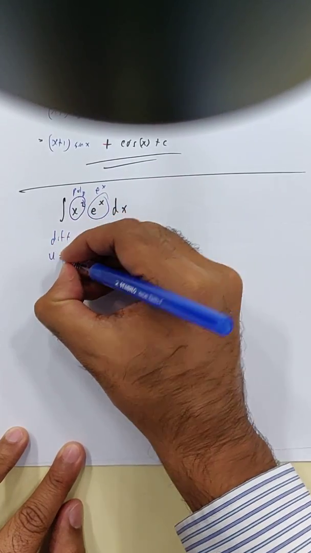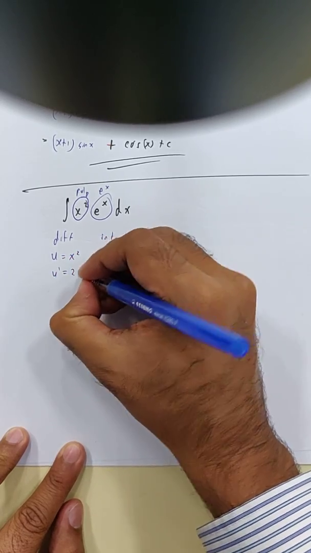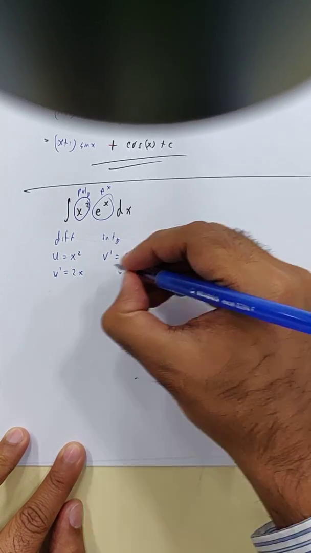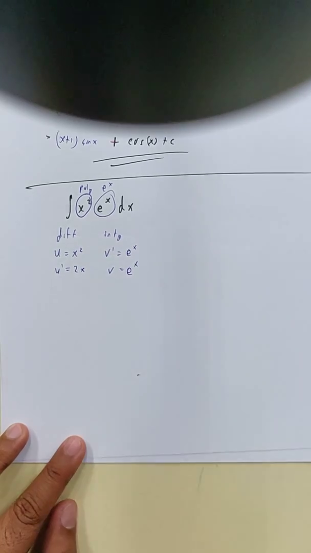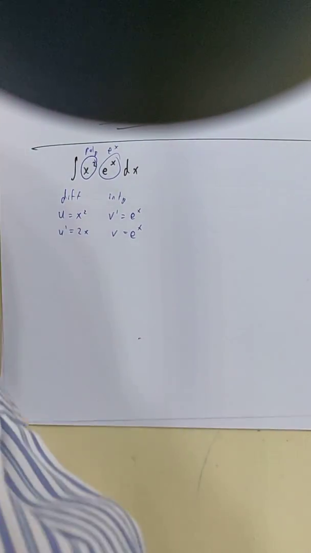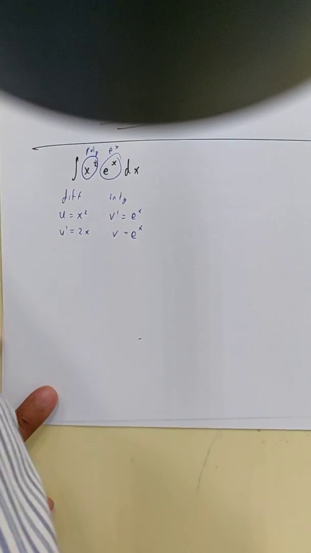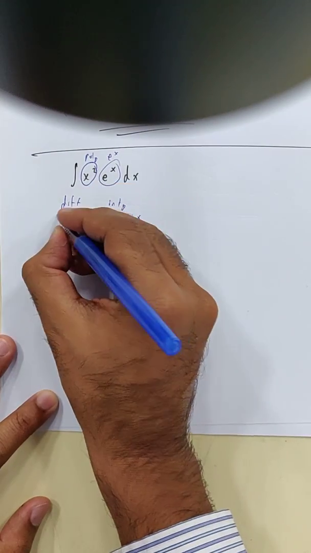We are differentiating the poly to 2x, and then we are integrating the exponent, which gives us e^x as well. So what should I do after this? I'm combining.